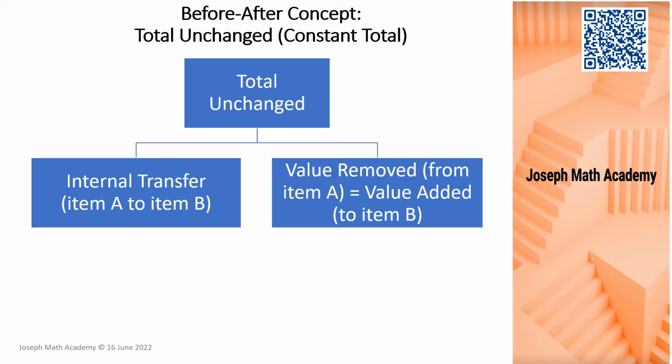So for total unchanged, there are two cases, two scenarios. The first one is internal transfer, simply saying whatever has been removed from A is being transferred to B. Let's say, for example, apples removed from box A and transferred to box B. That is the idea of internal transfer.